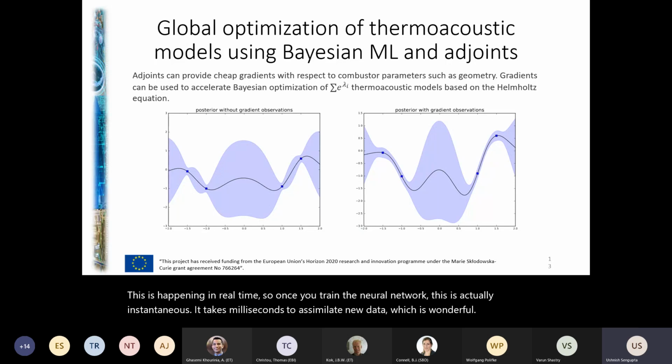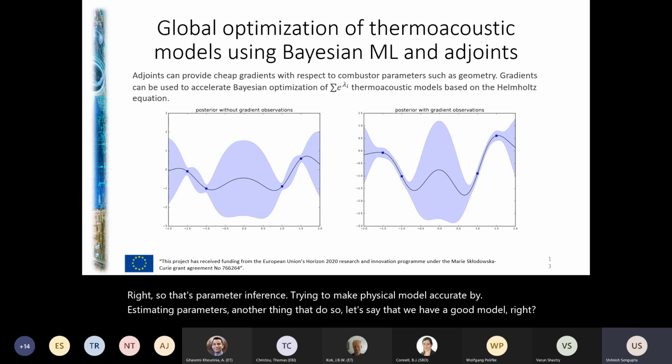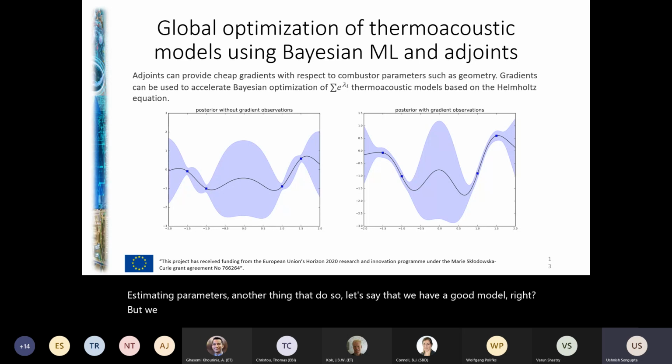Right, so that's parameter inference, trying to make physical models more accurate by assimilating parameters. Another thing that we do, so let's say that we have a good model, right? But we need to optimize different parameters in that model. So let's say that we have a combustor. That combustor has many geometric parameters.